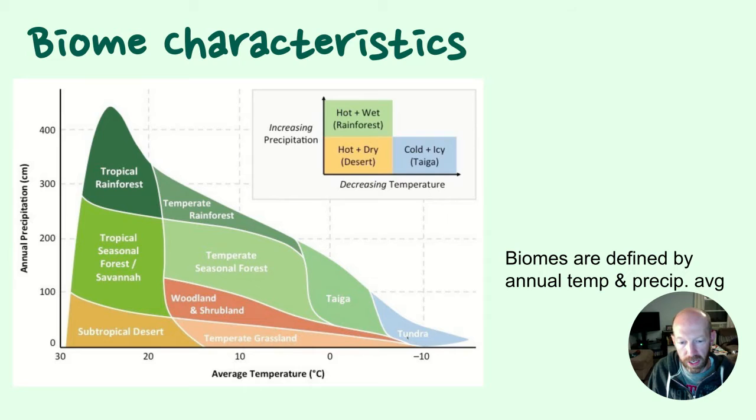You can see that the tundra has very low temperatures and very low precipitation. Over here where it's warmer, keep in mind this is Celsius, the desert is down here with higher temperatures but low precipitation, the rainforest here, and then the savanna or tropical seasonal forest is going to be in the middle here.